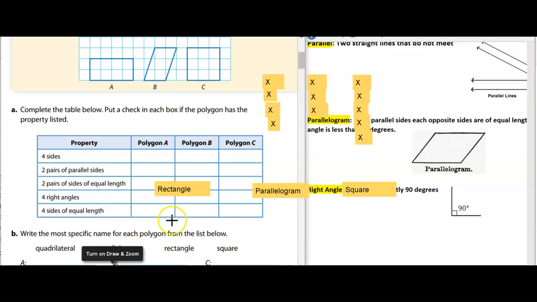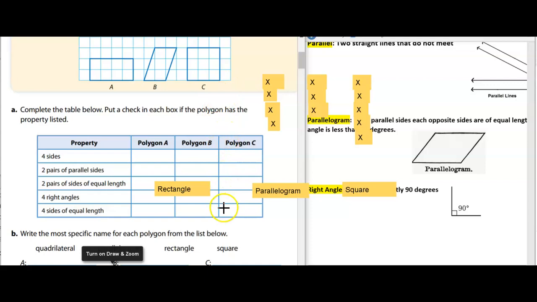C says, how would you arrange the polygons so each shape has all the properties of the shapes before it? So that means I'm going to arrange each polygon, polygon A, B, C, and I'm going to look at my table above. And I'm going to see which polygon has the least amount of fulfilled descriptions.